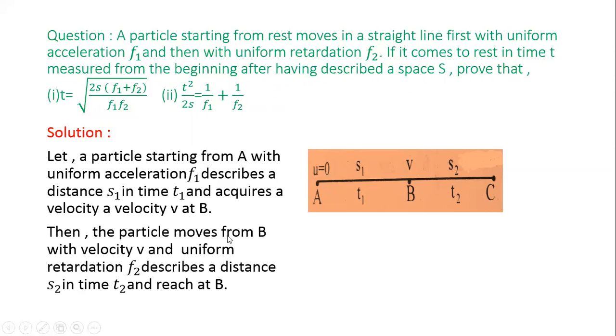Then the particle moves from B with velocity v and uniform retardation f2, describes a distance s2 in time t2, and reaches the point C.